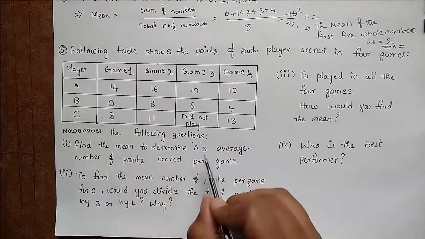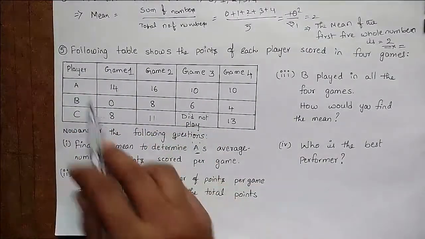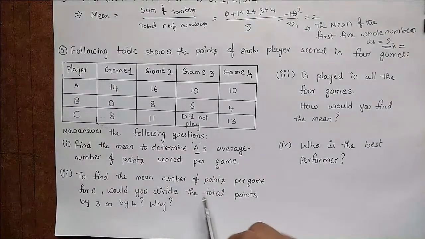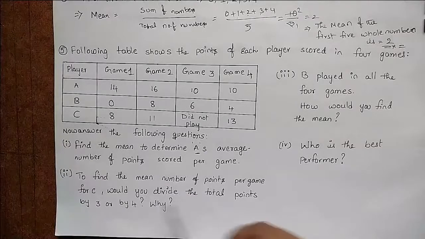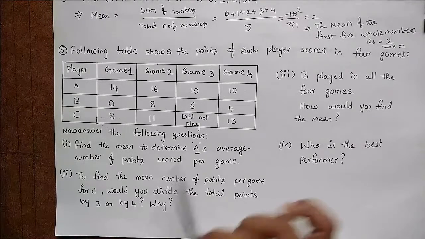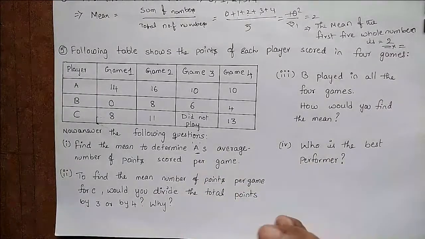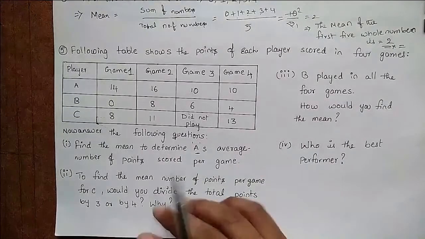So we have to find the mean for A. To find the mean number of points per game for C, would you divide the total points by 3 or by 4? Why? Because C did not play game 3. So we have to decide whether to divide by 3 or 4.